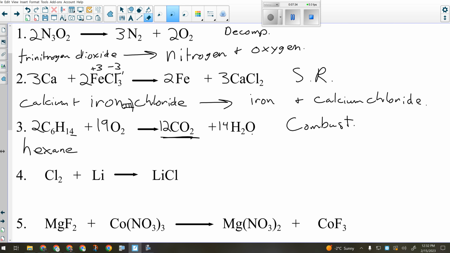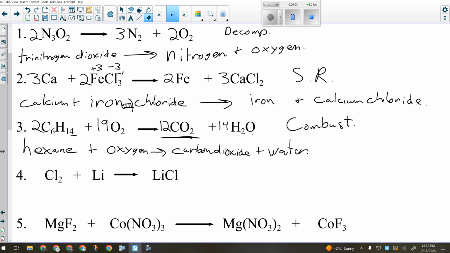This stuff is called hexane, and it's reacting with oxygen and producing carbon dioxide and water. So the balancing for combustion is a little bit tricky, but it's always the same rules. If we follow those rules, we can't really go wrong.